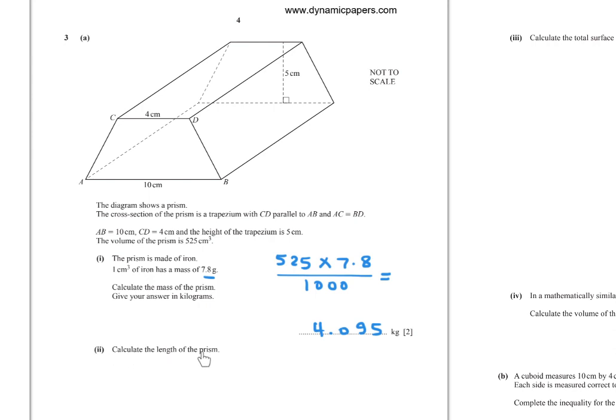(ii), calculate the length of the prism. The volume of the prism equals the area of cross section times the length. So 525, this is the volume, equals the area of cross section, which means the area of the trapezoid: half times (10 plus 4) times the height, which is 5, times the length.